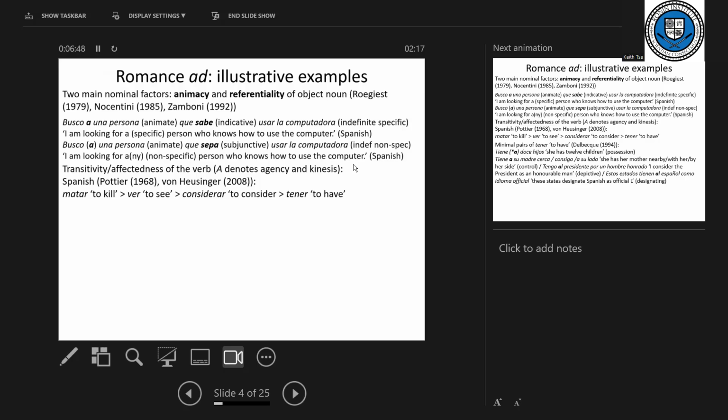Here, it shows that animacy isn't the only factor. Animacy can also interface with specificity in determining the use of a. As mentioned, verbal markedness also plays a role, and a can be shown to denote some agency and kinesis in denoting change in the object.